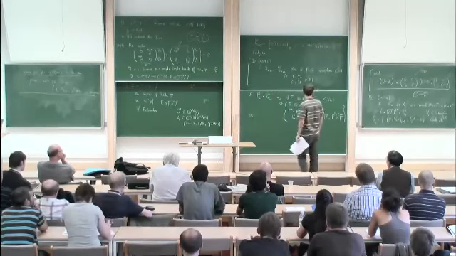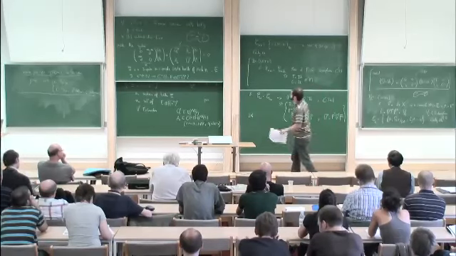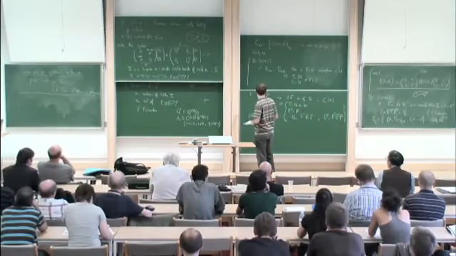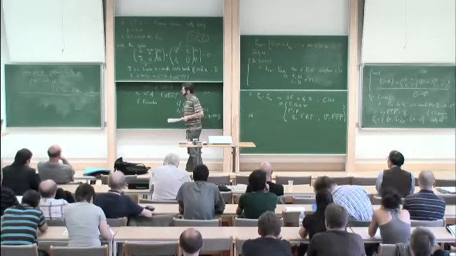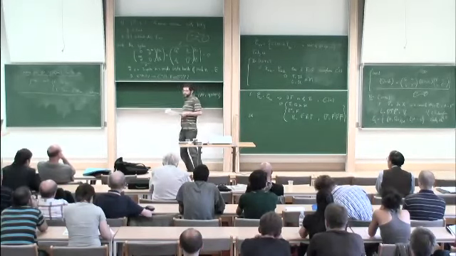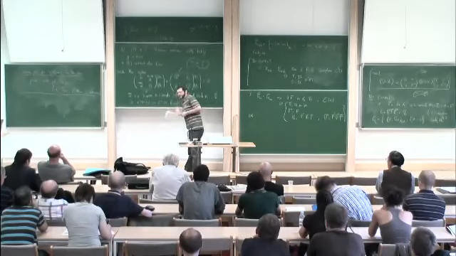Okay, so that's what I want to say for the statement. So I think in 2 dimensions, okay, I don't want to talk about the literature in higher dimension. There are many results.